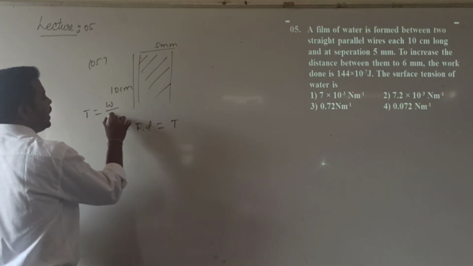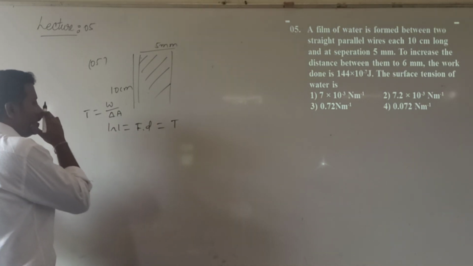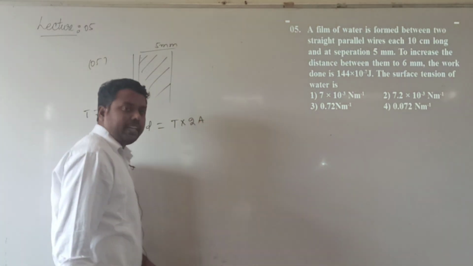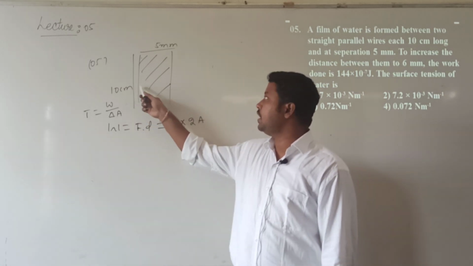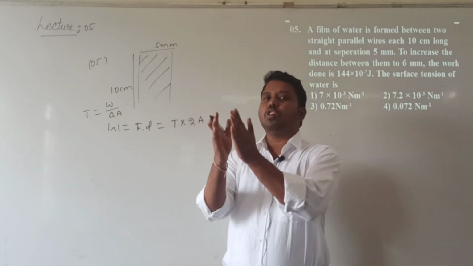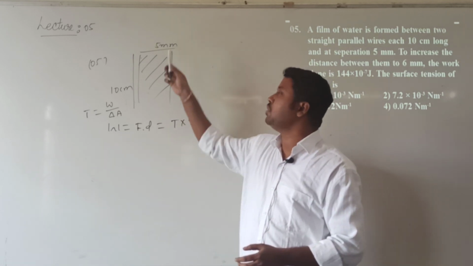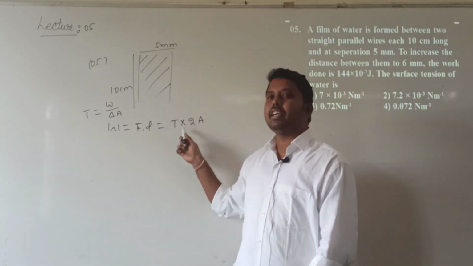Surface tension is work done by increase in the area, so W equals T into 2A. Why 2A? Because the liquid film has two faces. Whenever you move the two wires apart from 5 mm to 6 mm, you need to do some work, given by T into 2A.